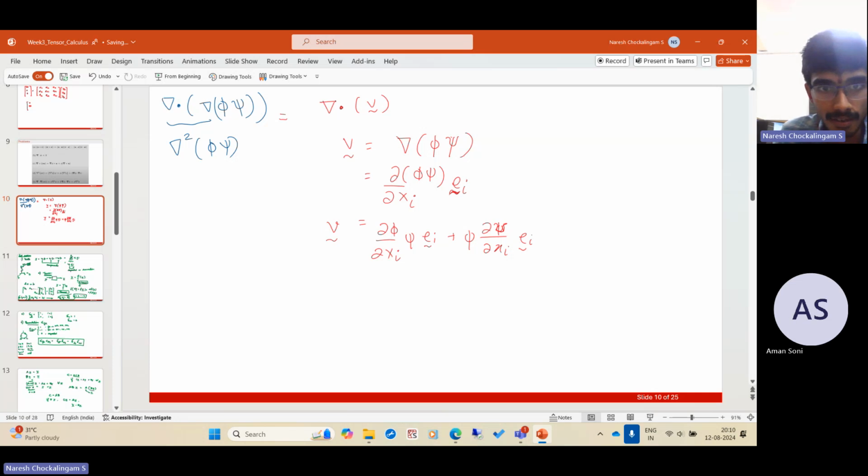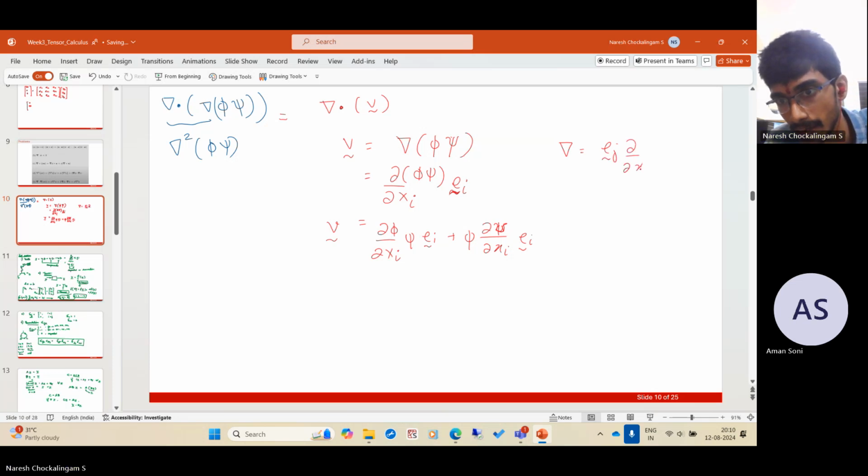Now there's a divergence operator. So what is the divergence operator? The grad operator is ej partial with respect to xj operating on something. So the divergence of a vector field is the operator ej partial with respect to xj, dot product with v.